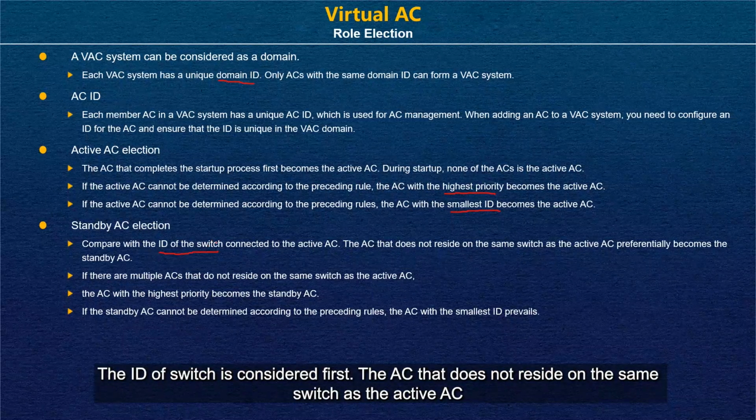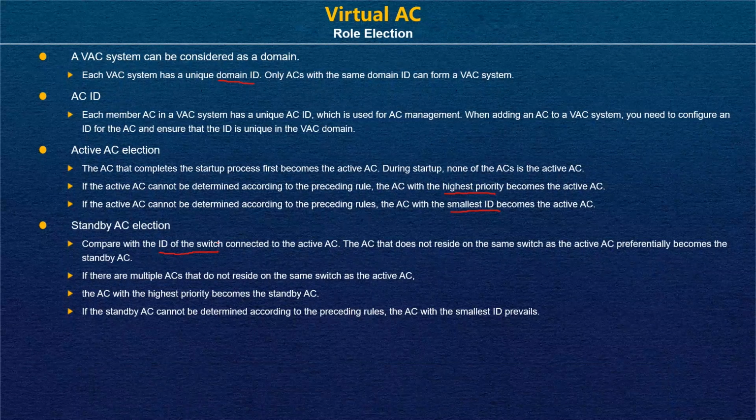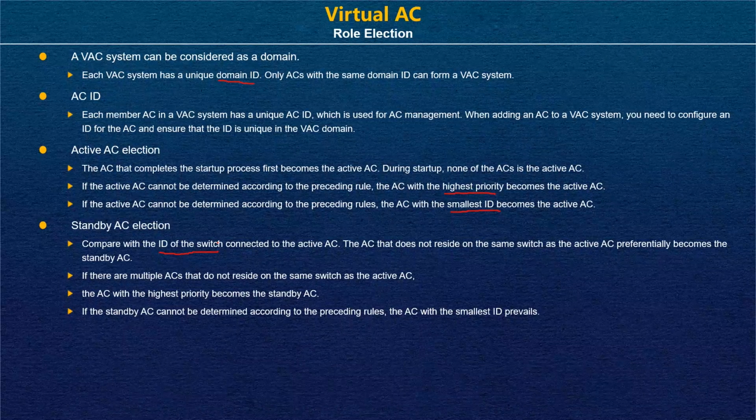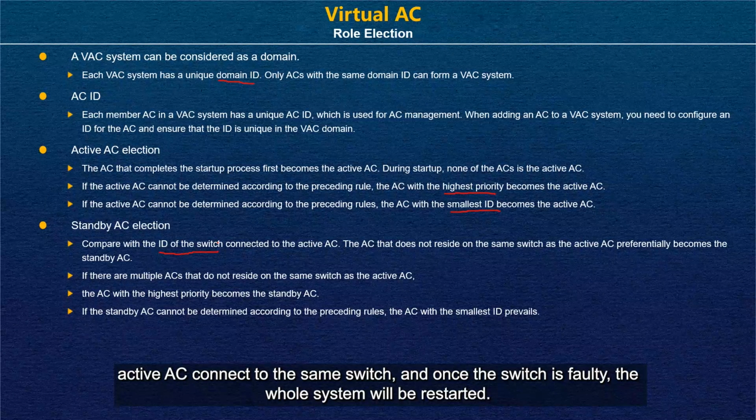The AC that does not reside on the same switch as the active AC will be preferred to be the standby AC first. Because if the standby AC and the active AC connect to the same switch, and once the switch is faulty, the whole system will be restarted.